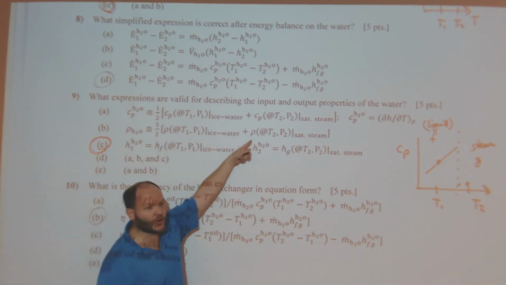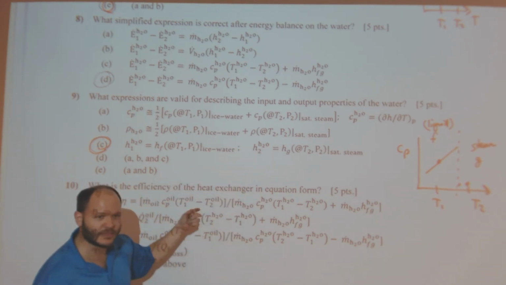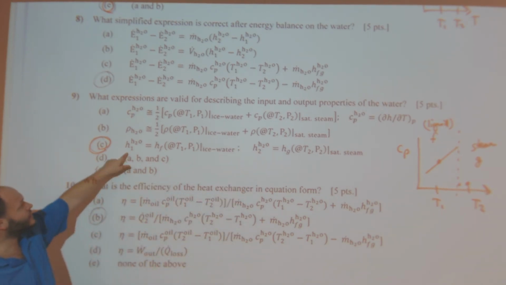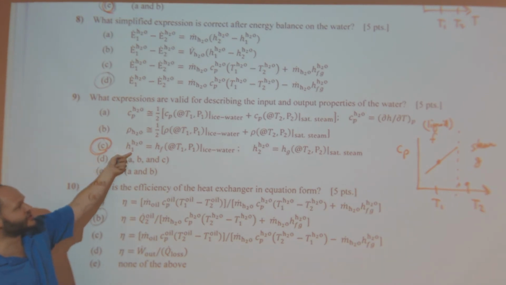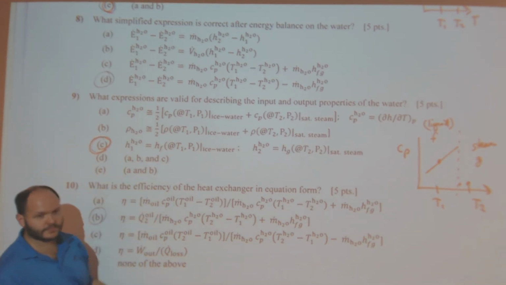I'd have to volume weight it. But anyways, I go between phases. If it was the same phase, it wouldn't matter. And then this is the only true one. Let's see. Does that make sense?